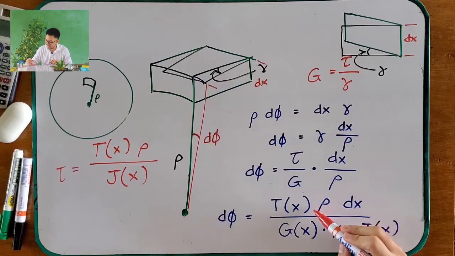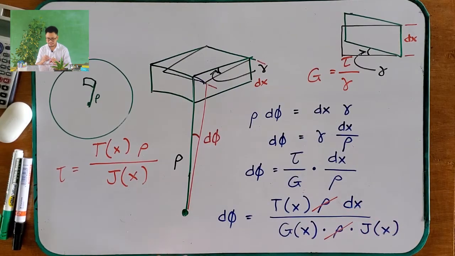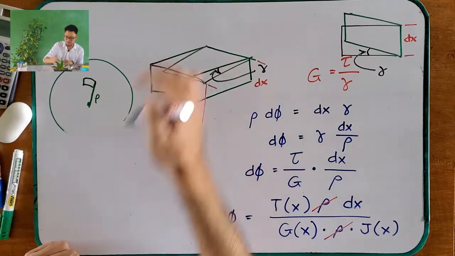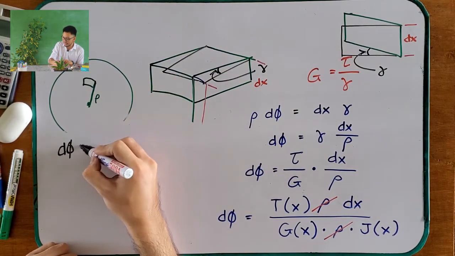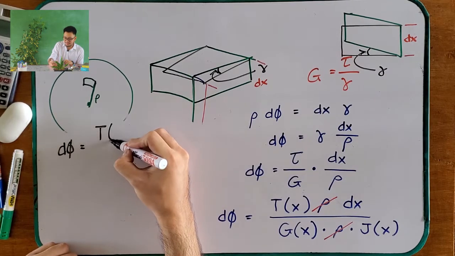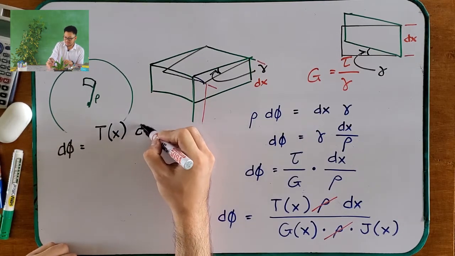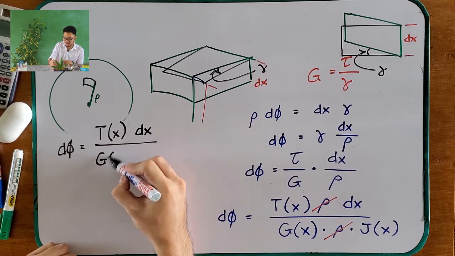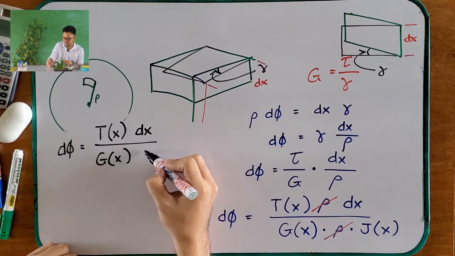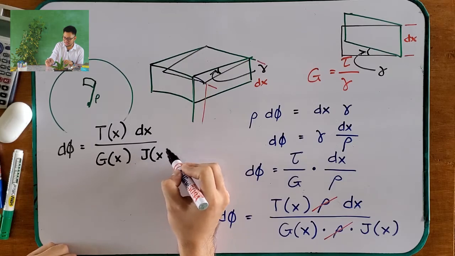So, unsa na may mahitaboan eh? This one will be cancelled. And therefore, you have your final formula as d phi is equal to T as a function of x dx over G as a function of x times J as a function of x.